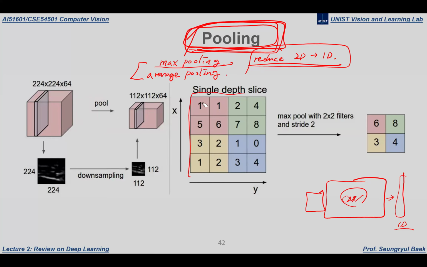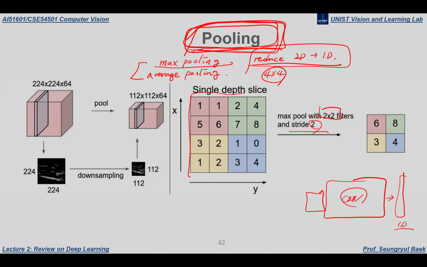This 4x4 input array, 2D array, here also there should be some hyperparameters: stride has to be 2, and filter corner, normally we use 2x2 or 3x3, okay?